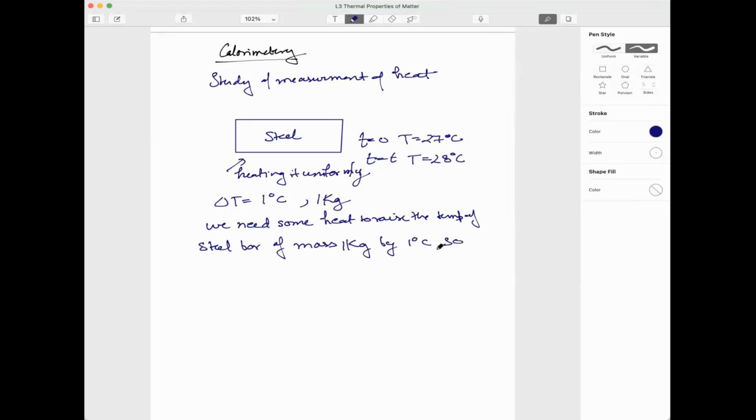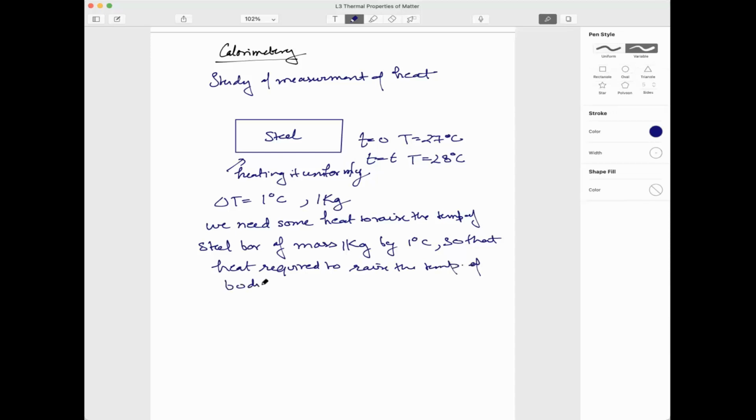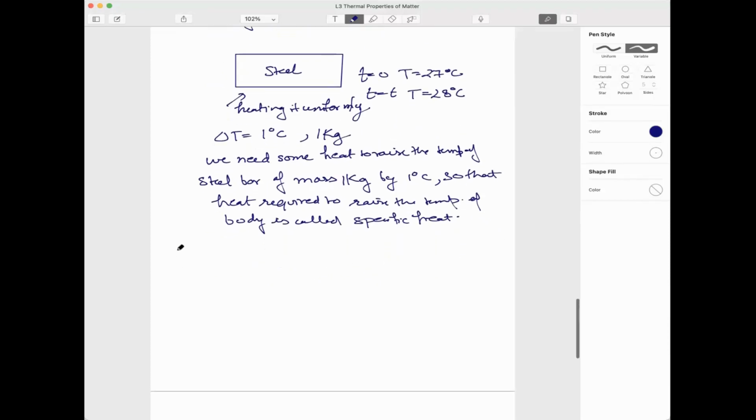That heat required to raise the temperature of a body is called specific heat.